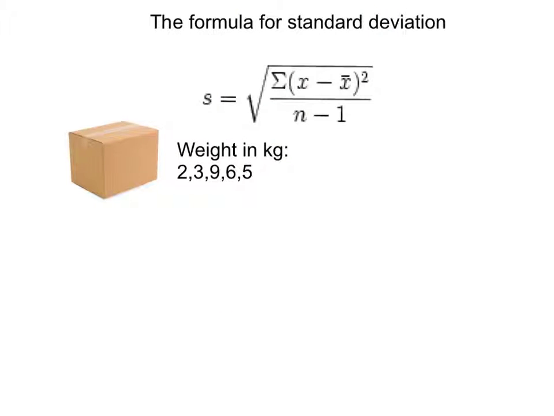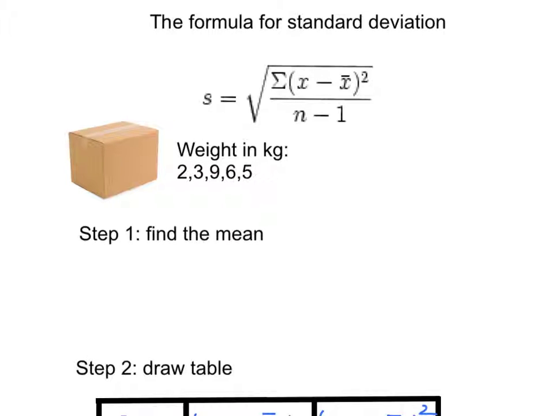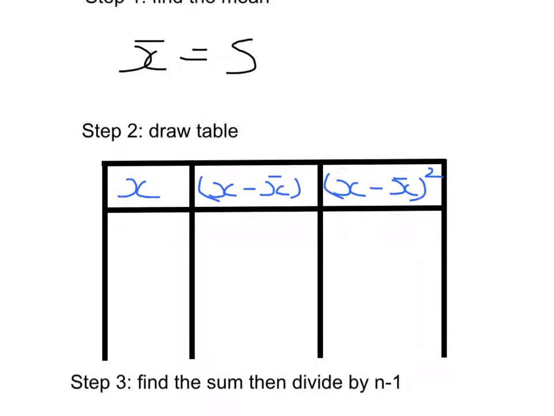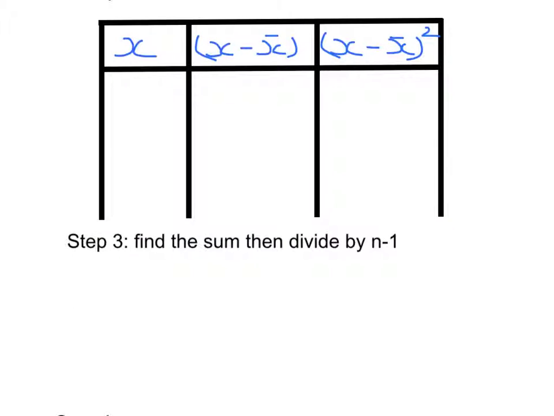Now for our final worked example, I want to see if you can work this one through all the way before you find the answer. So the mean for this one is 5, and if you filled your table in correctly, you should have found that the sum is 30.